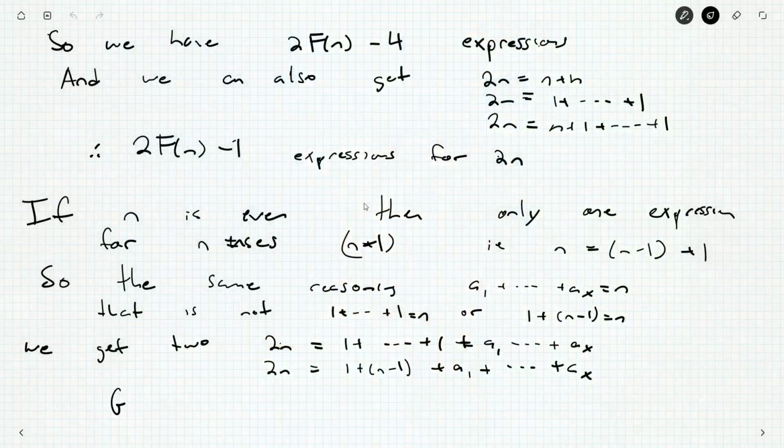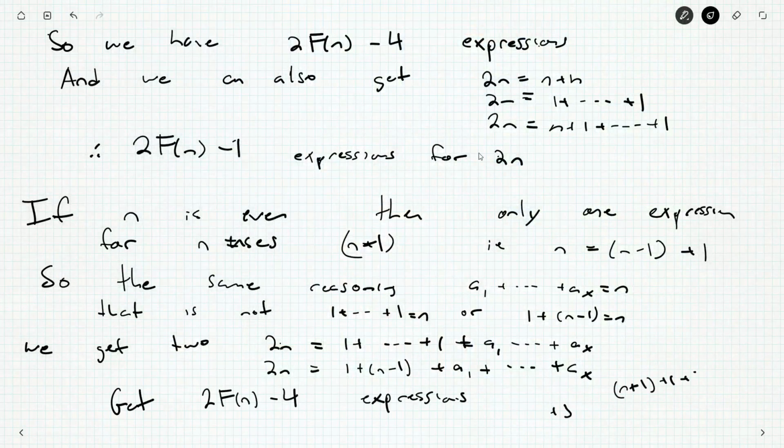So we once again get 2 fn minus 4 expressions. And then we get 3 more, plus 3 more for the n minus 1 plus 1 plus n minus 1 plus 1, the n minus 1 plus 1 plus 1s, and all the 1s.